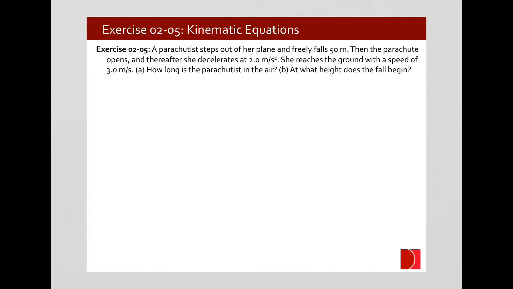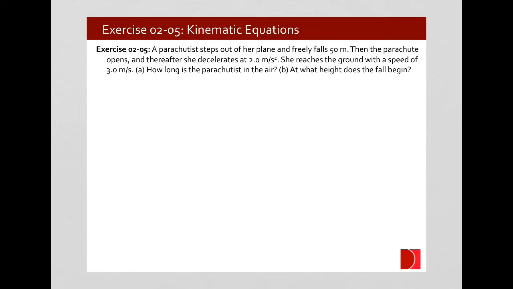In this situation, the total time would be the total time elapsed during free fall plus the total time of descending with a parachute. The final velocity of the free fall would be the initial velocity of the descent with a parachute, and then the total distance traveled would be the sum of the two distances.